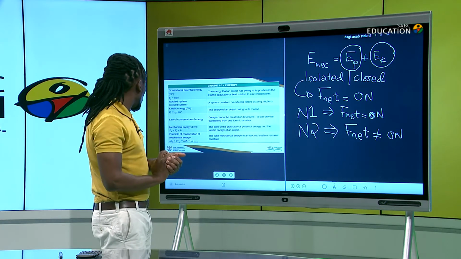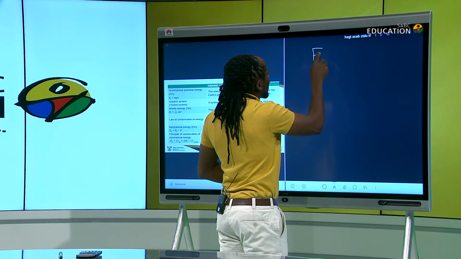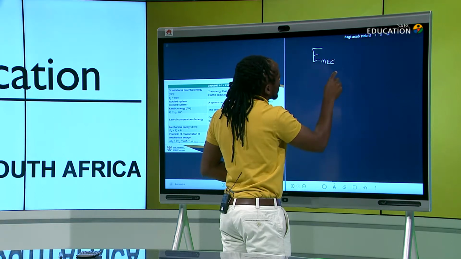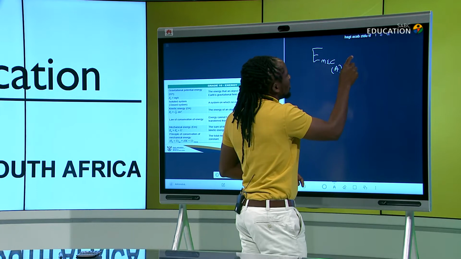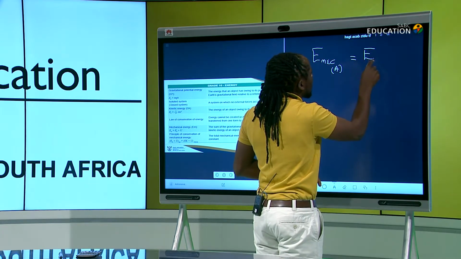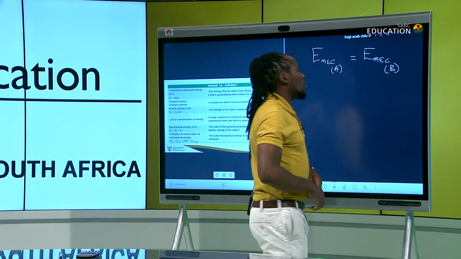Right. We also looked at the different laws as far as mechanical energy is concerned. We said E mech, between any 2 points, this was in grade 10, let's say in a closed system, between point A and point B. Right. Now, what do we mean?